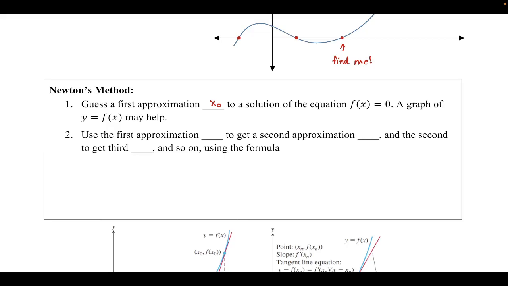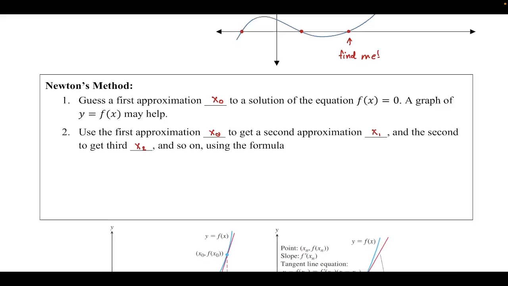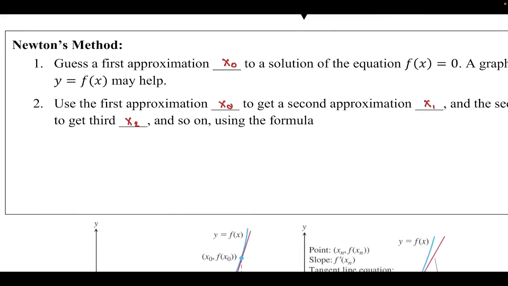So use the first approximation, x naught, which we stated above, to get a second approximation, x1, and the second to get a third, which we'll just note is x2, and so on. And the formula is going to essentially give us the next approximation. So if we want the (n plus 1)th approximation, we'll get that by taking the previous approximation and subtracting the ratio f of x sub n divided by f prime of x sub n.